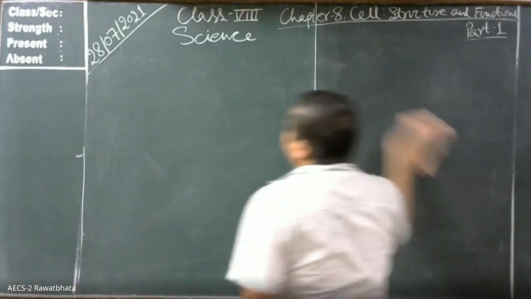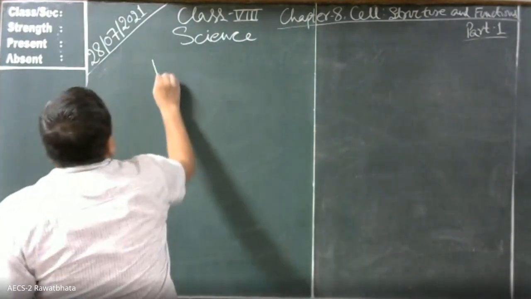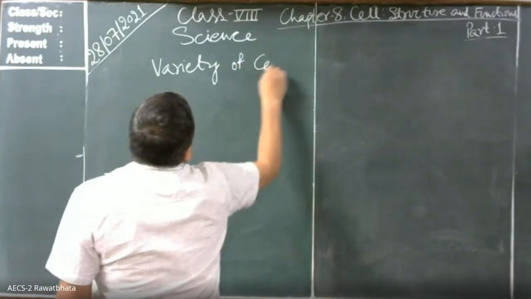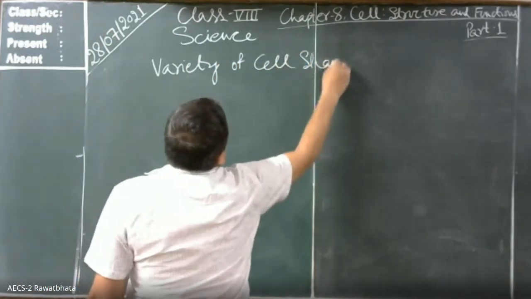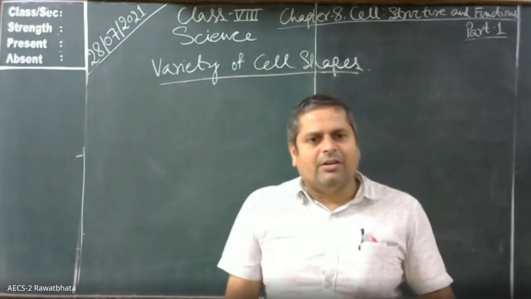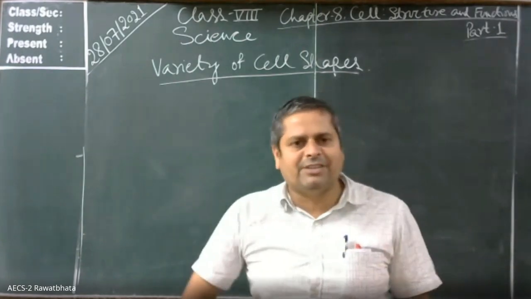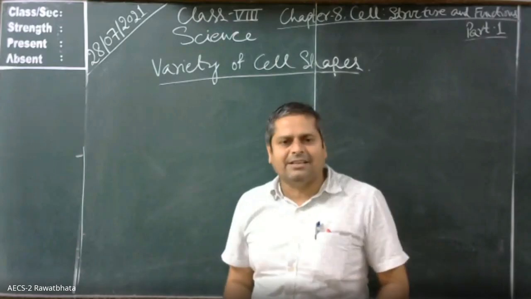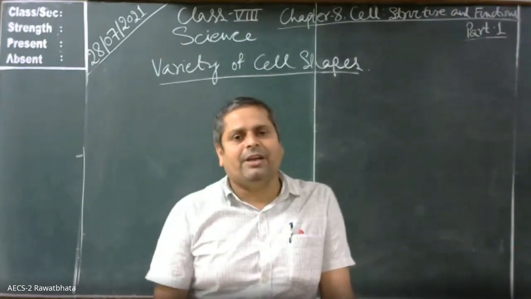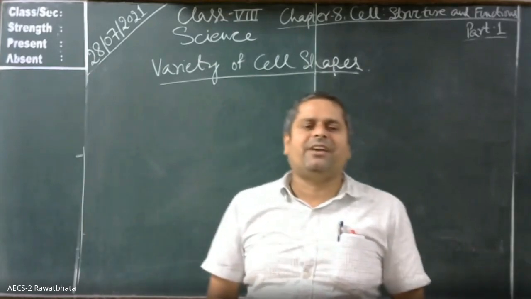Variety of cell shapes. If the number of cells is single, that organism is called unicellular. Where there are many cells, it is called multicellular organism. Now cells differ in their shape and size also. Okay, so we are talking about the different types of cells having specific shape.